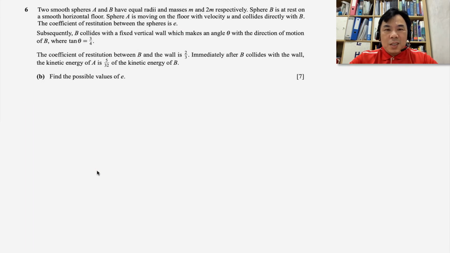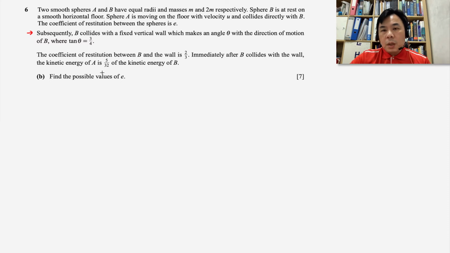All right, the second section, we are still on the same question 6 here. Subsequently, after the collision, B collides with the fixed vertical wall, which makes an angle theta to the direction of the motion of B, where tan theta is given as 3/4. The coefficient of restitution between B and the wall is 2/3.